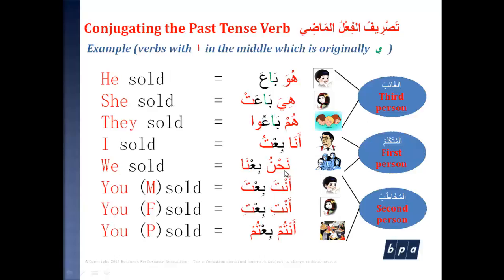In this case, for the first and second person conjugation, the first letter takes a kasra. أنا بعت, نحن بعنا, أنت بعت, أنت بعتِ, أنتم بعتم.